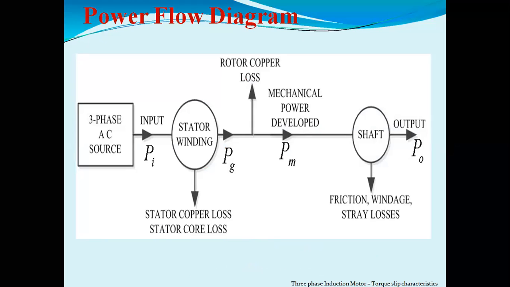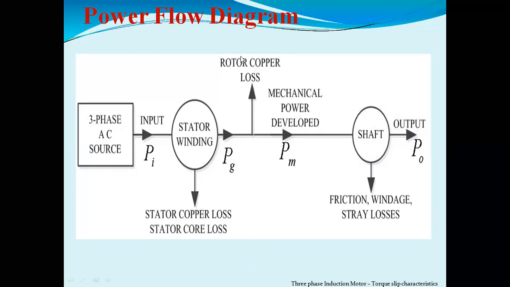Now we are supposed to study the power flow diagram. When we give the 3-phase AC supply, we give that input to the stator winding. At that time the rotor will rotate, and we connect the load to the rotor, which will also get rotated. But here we will get losses: stator copper loss and stator core loss at the stator winding.